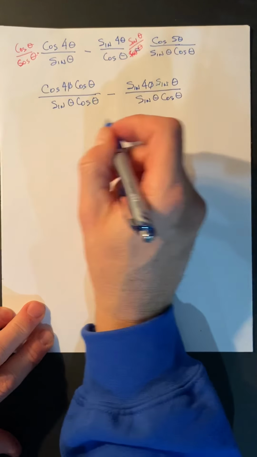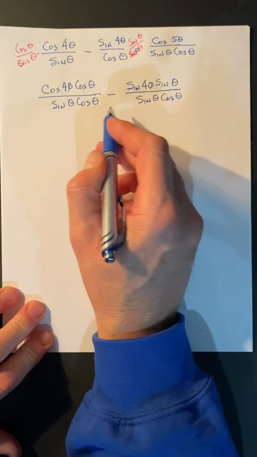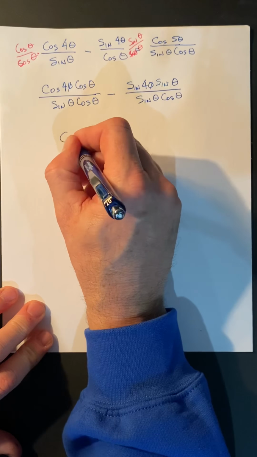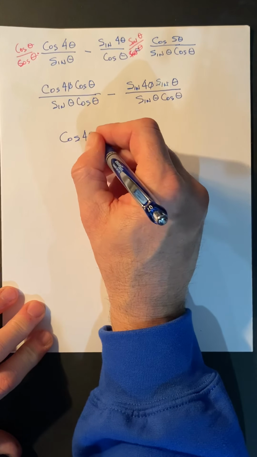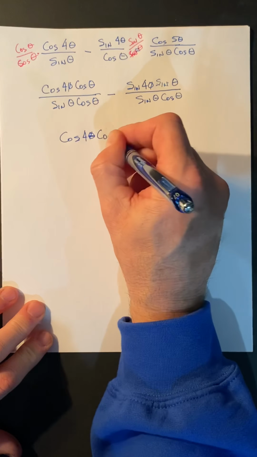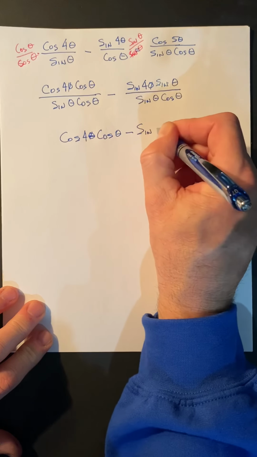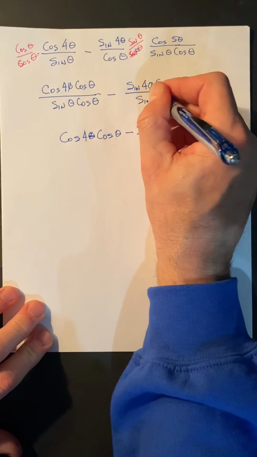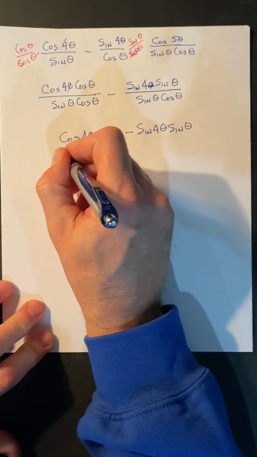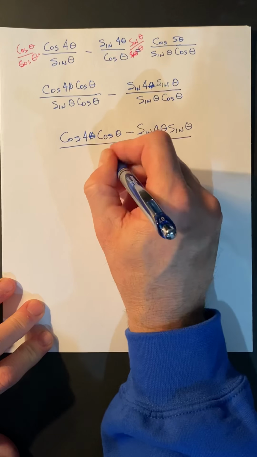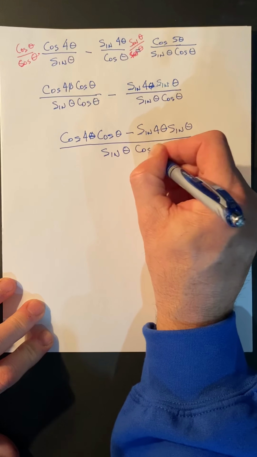All right, let's do our math here. And I've got the same denominator. So we'll just put that numerator on top of it: cosine of 4 theta cosine theta minus sine 4 theta sine theta, all over sine theta cosine theta.